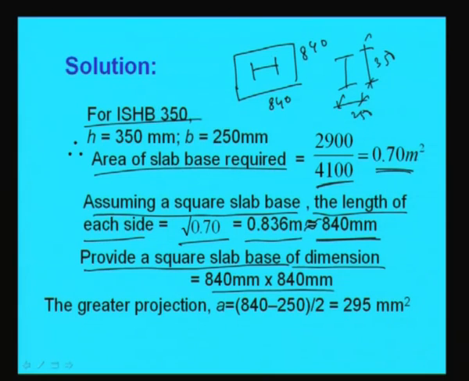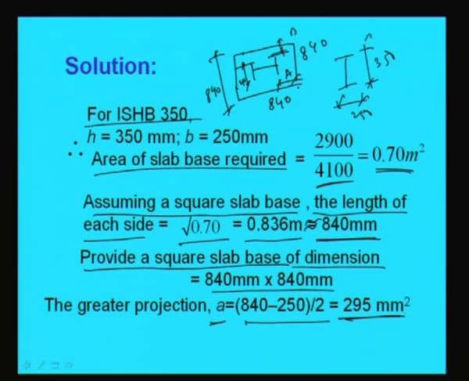Now we have to find out these projections A and B. The greater projection A will be 840 minus 250, divided by 2, so the greater projection will be 295 millimeter.